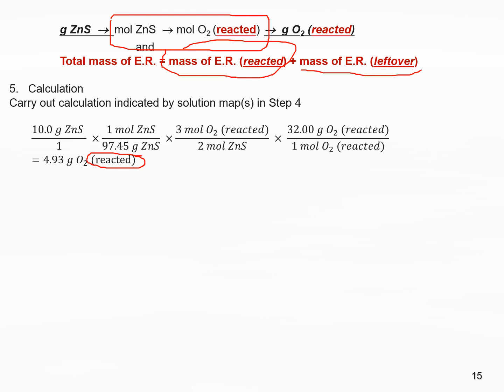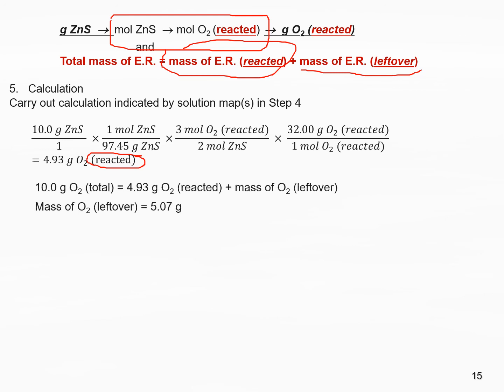And according to this second equation, remember we put in a total of 10 grams, and 4.93 grams of oxygen is being reacted. So how many grams of oxygen are left? 5.07 grams, because these two numbers adding up should give us 10 grams. So that is for question C.